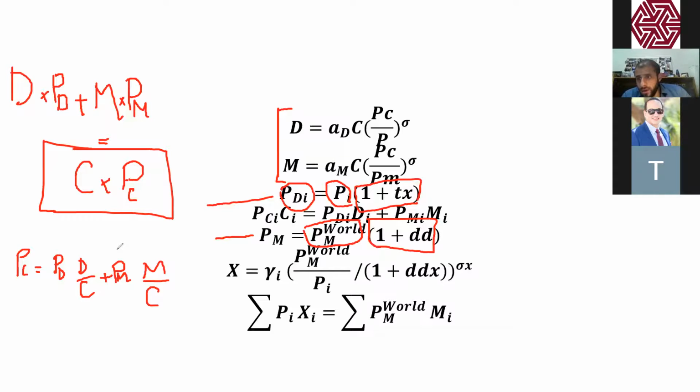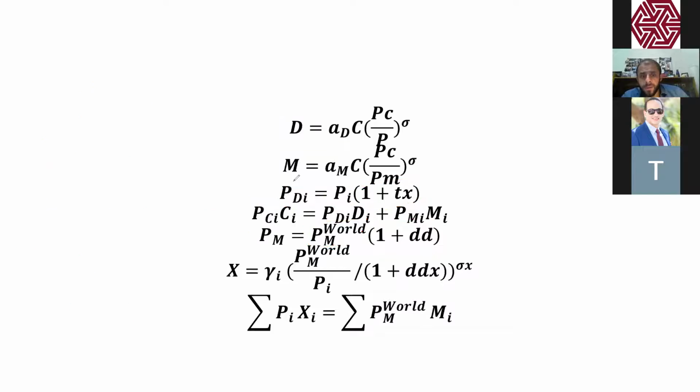So this means that at the end of the day, the price of consumption will be a weighted average of the domestic prices and import prices. And what are the weights? The weights here are the shares of goods in my total consumption basket. So the share of imports multiplied by the price of imports and the share of domestic goods multiplied by the price of domestic goods. And that's what we have in this equation.